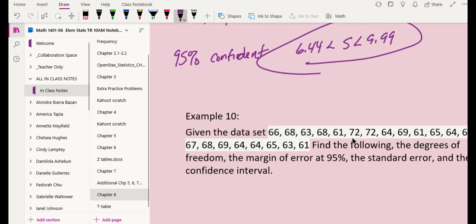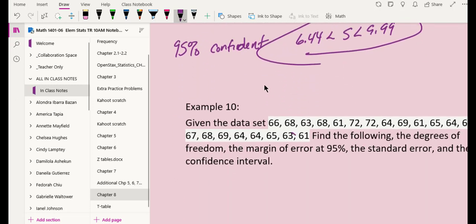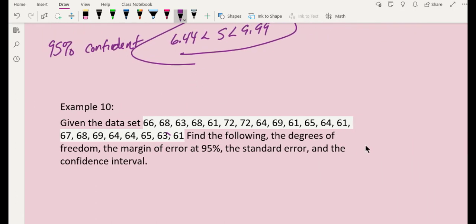All right, now let's hypothetically say that you are given a data set. And in this data set, we want to find our confidence interval and the degrees of freedom and the margin of error and the standard error. So now there's a couple of ways that we can do this.